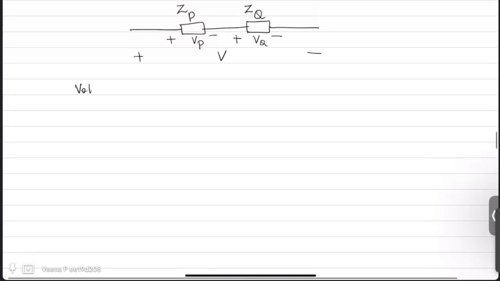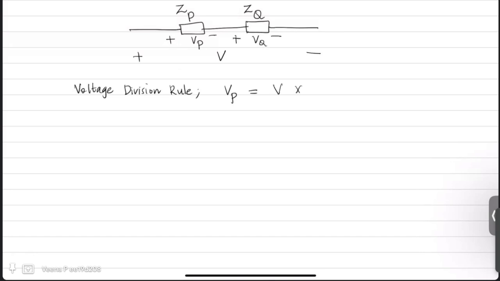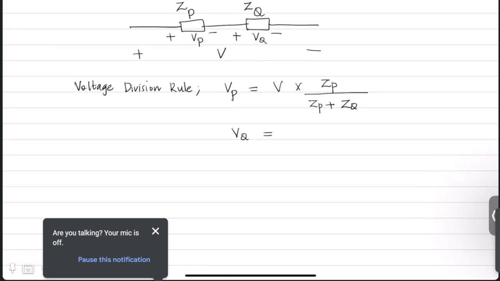According to the voltage division rule, the voltage across impedance P is a fraction of the total voltage V, and that fraction is the impedance of P divided by the total impedance, which for a series circuit is ZP plus ZQ. Similarly, the voltage across Q, VQ, is V times ZQ divided by ZP plus ZQ.